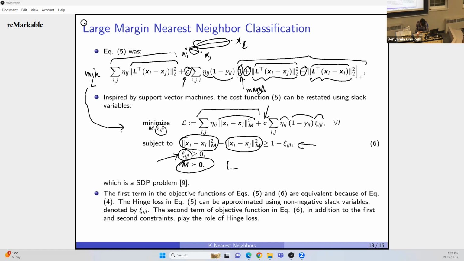So let's calculate it. 1 plus ||xi minus xj||_M squared, this term, minus ||xi minus xl||_M squared, this term, right, is greater than or equal to, let me think a bit, just give me a sec.